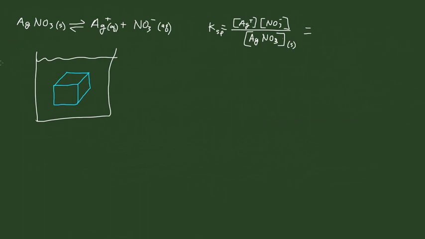The reason the solid doesn't count, and why the denominator is equal to 1 if it's a solid or a liquid, is because the concentration of silver nitrate in this block, say if we take a little piece, is not changing at all. So it's 1.